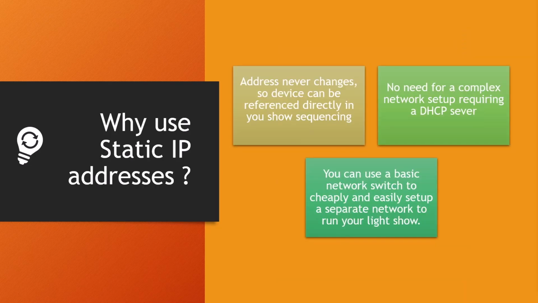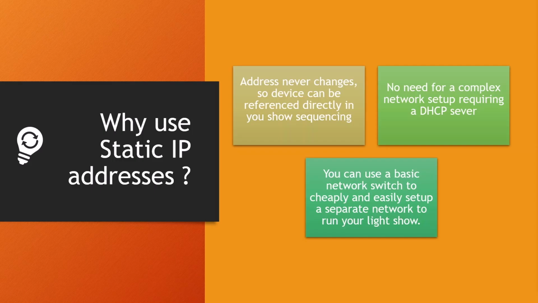We often tend to use static IP addresses in light shows because you want an address assigned directly to the device that you know is never going to change. The other reason we like to use static IP addresses is that when you're running a light show, you often set up a separate network with just a standalone, nothing fancy, standard 5-port hub, which won't have a DHCP server running on it.